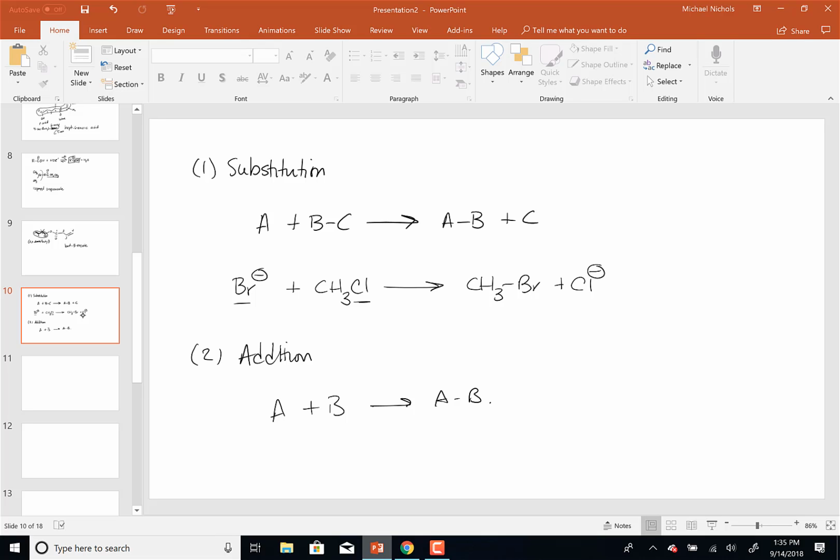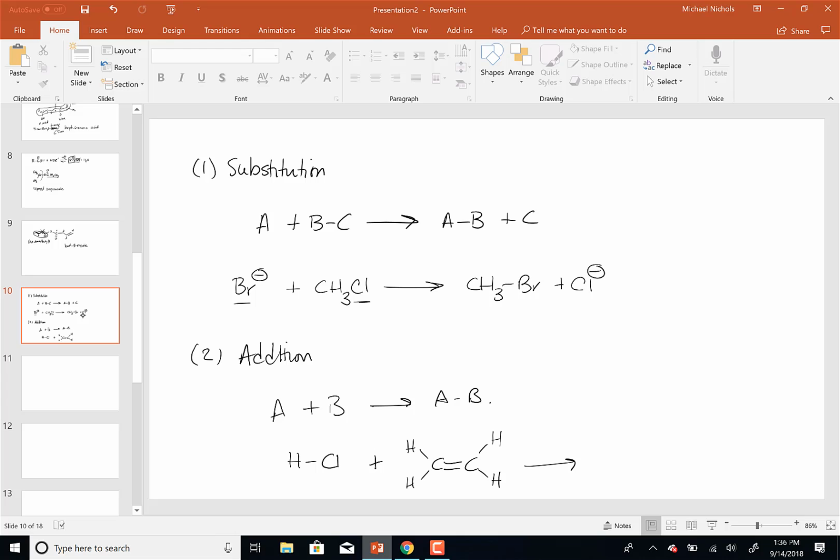And so I think the example they showed there was, let's take something like HCl and let's react it with an alkene. So when I add the HCl to the alkene, and again we'll learn the step-by-step process here, the H is going to add to one carbon and the chlorine is going to add to the other carbon.